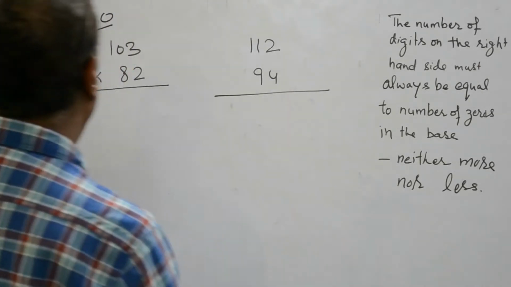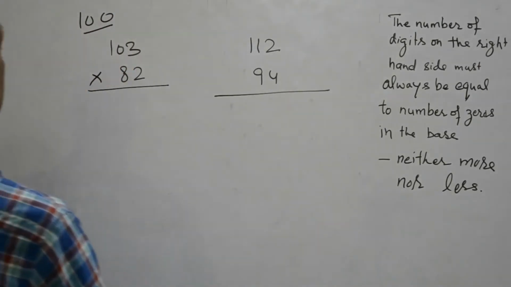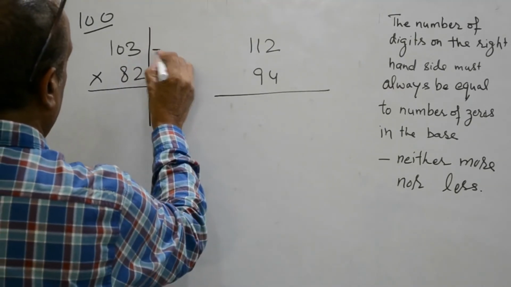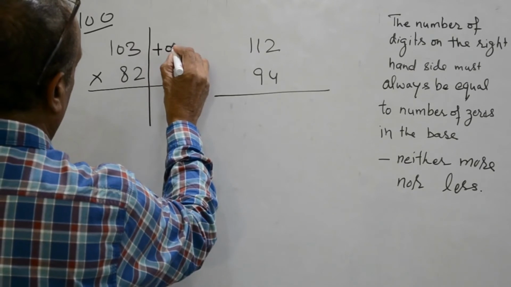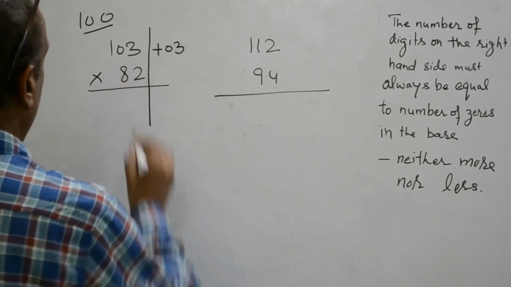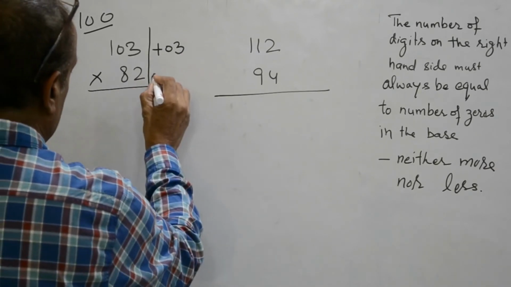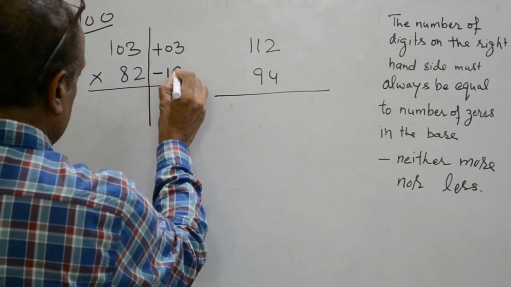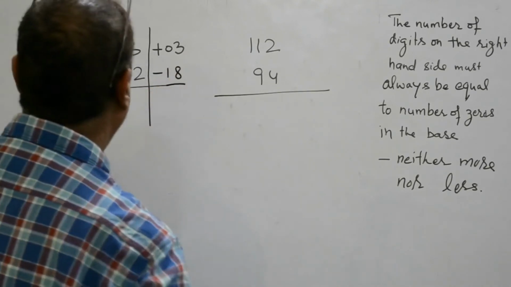Now let us see how to tackle such types of problems. 103 is 3 more than the base, so it is plus 03. 82 is 18 less than the base, so it is minus 18.